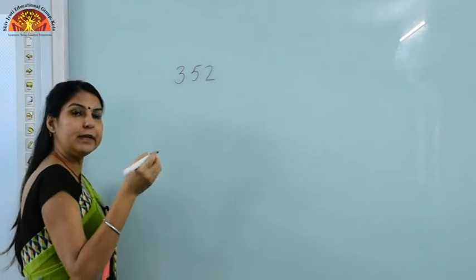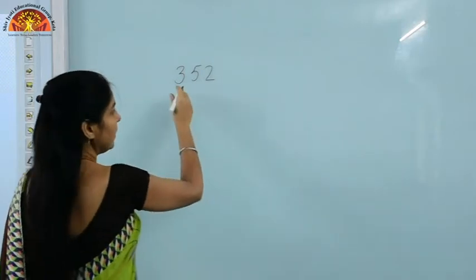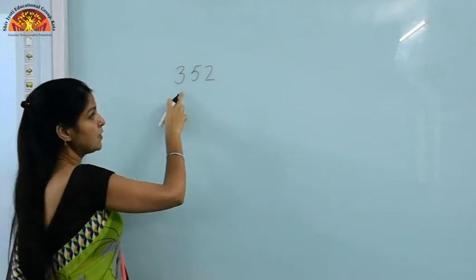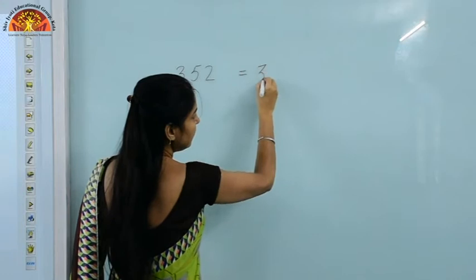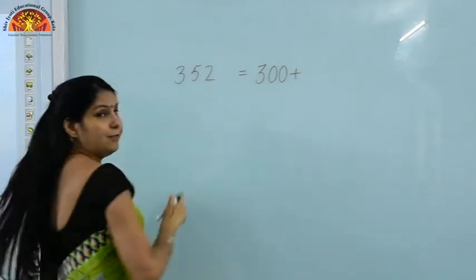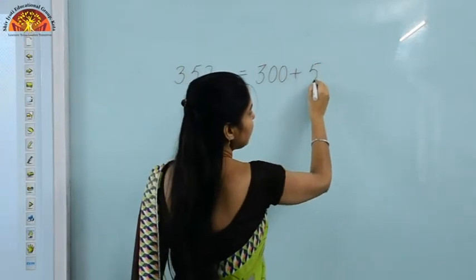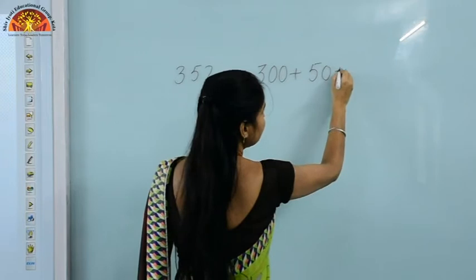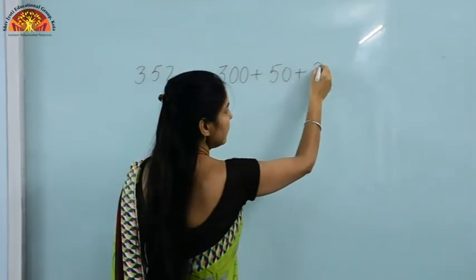We have to read their place value and write them in expanded form. Here 3 is at hundreds place, so we will write 300. 5 is at tens place, so we will write 50. And 2 is at ones place, so we will write 2 as it is.